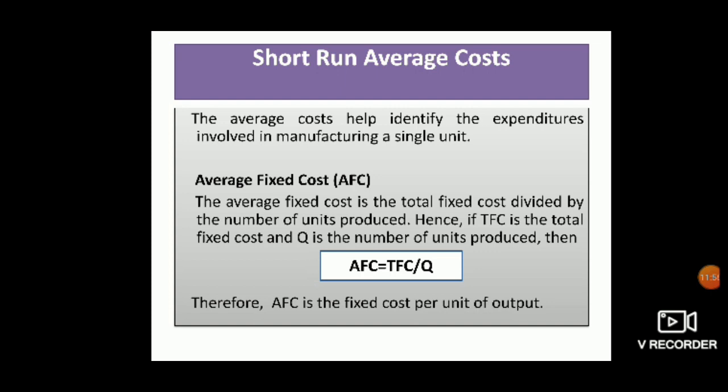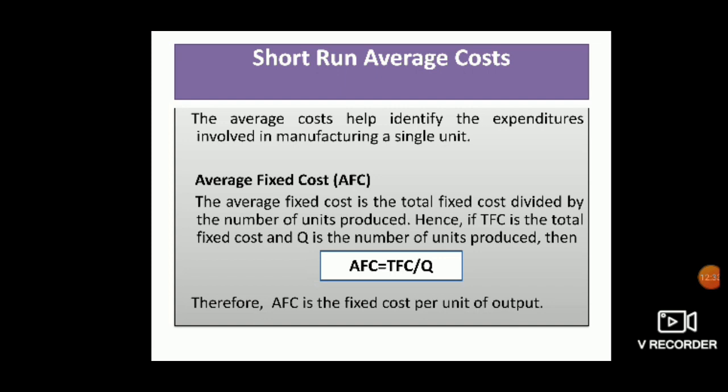So I mean to say that the formula of short run average cost is ATC or AC is equal to AFC plus AVC. That means average cost is equal to average fixed cost plus average variable cost. Okay. So what is AFC and what is AVC?